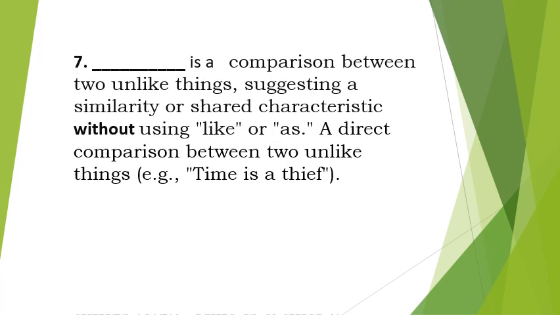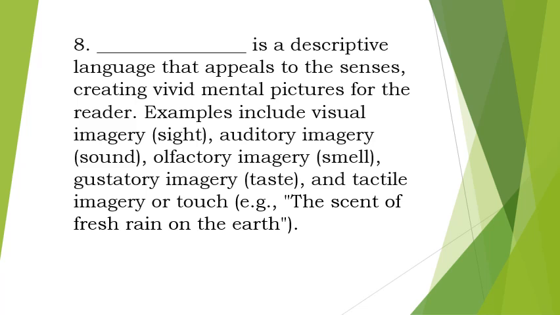Number 7. Blank is a comparison between two unlike things suggesting a similarity or shared characteristic without using like or as. So without using like or as. A direct comparison between two unlike things. Example, time is a thief. What is that? That is metaphor. Number 8.